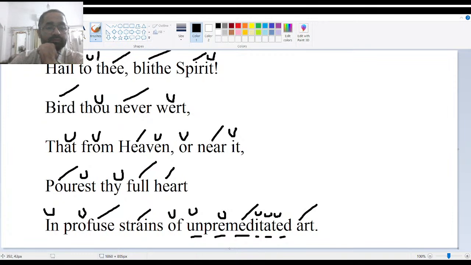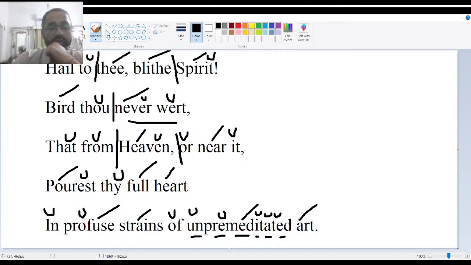Hail to thee, blithe spirit, bird thou never. Sorry, I forgot to put the unstressed mark here. Okay, so you don't have to cut here. You can have a catalectic here. You do have a catalectic here. So, bird thou never wert, that from heaven or near it.